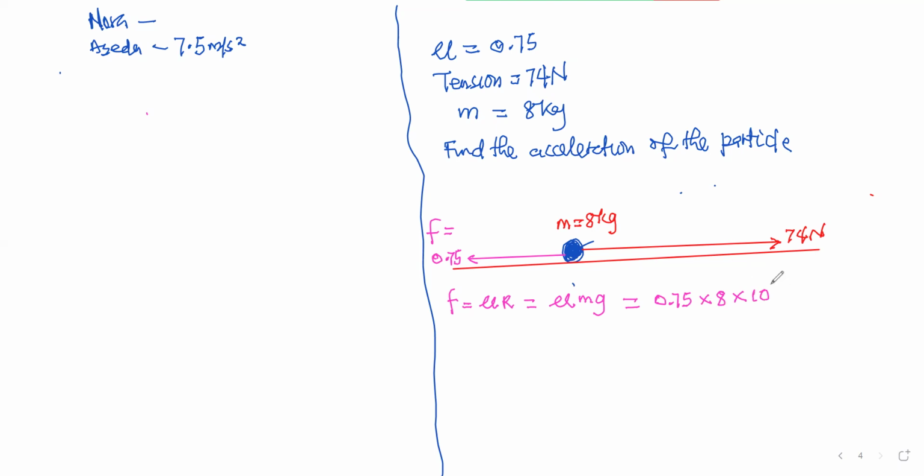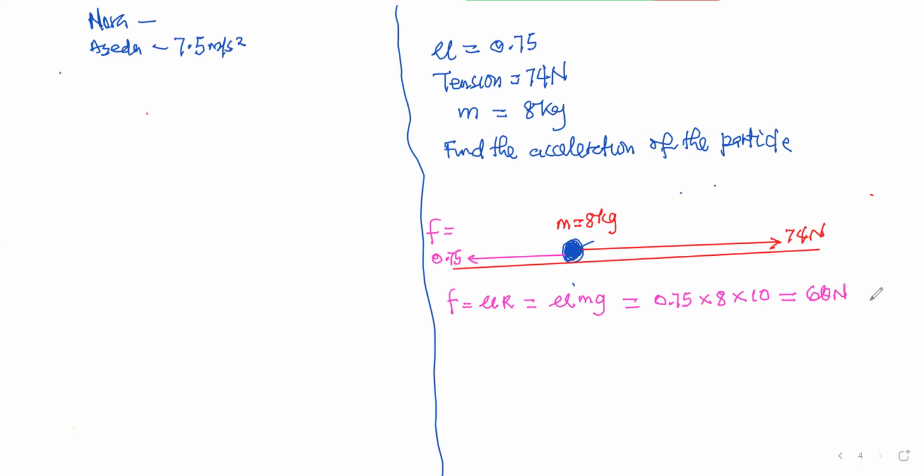So what is 80 times 0.75? 60. That is 60. So it means the opposing force is 60 Newton. The frictional force is 60.